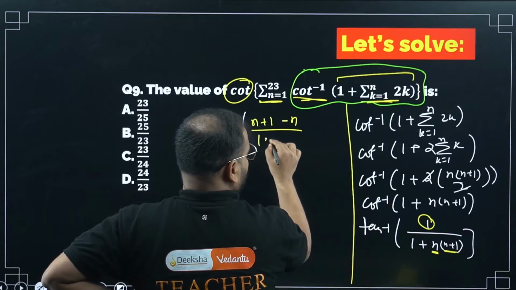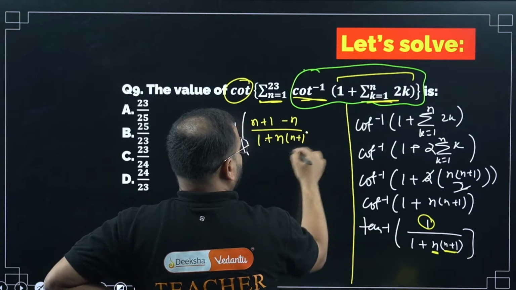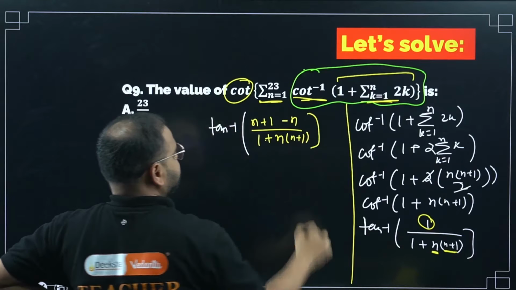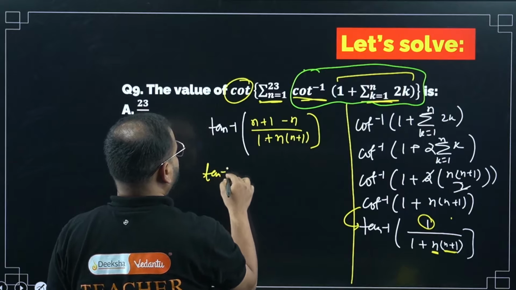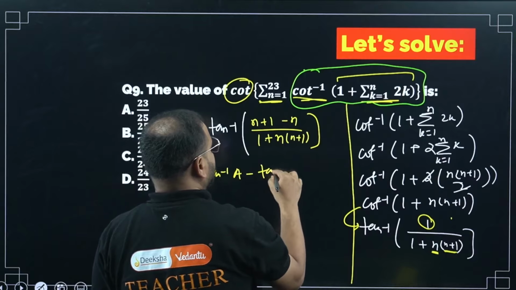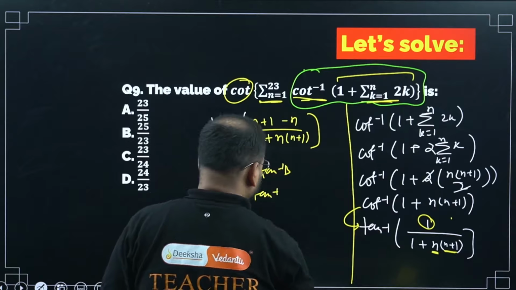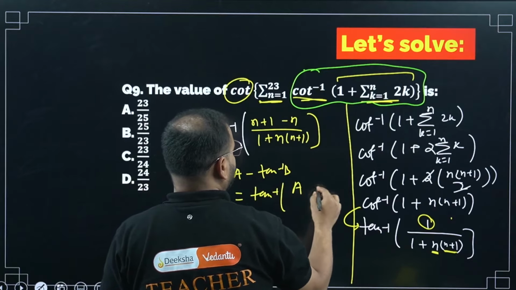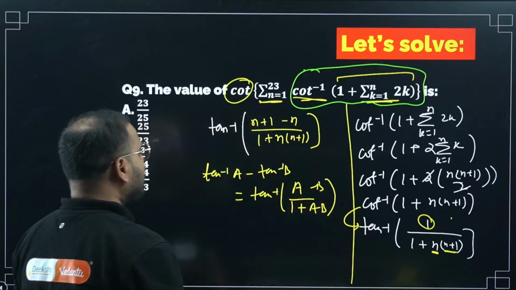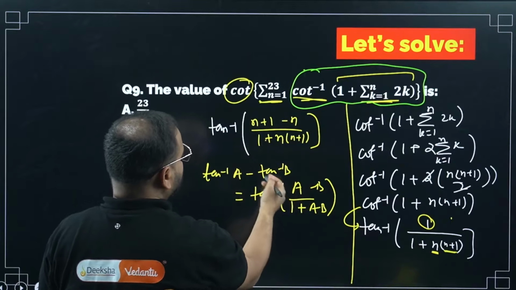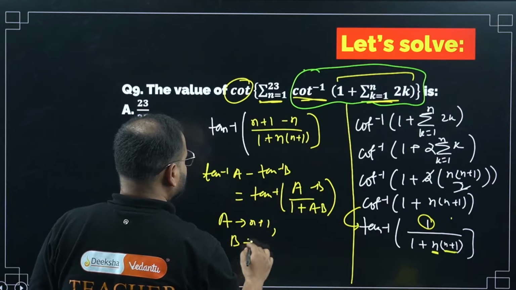Now check here, 1 plus n times of n plus 1. We can rewrite this, this is a formula, no? Tan inverse of A minus tan inverse of B is equal to tan inverse of A minus B upon 1 plus AB. So if you check here, my A value is n plus 1 and my B value is just n.